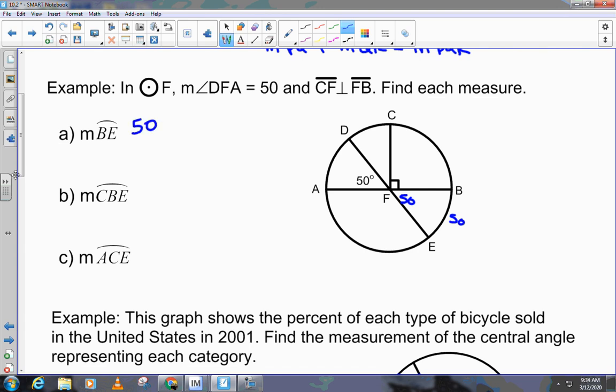Okay, how about CBE? Well, this is 90, right? And this is 50. So yes, 90 plus 50 equals 140. Good. Okay. What about ACE? 230. What did you do?